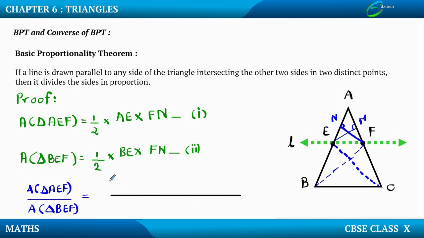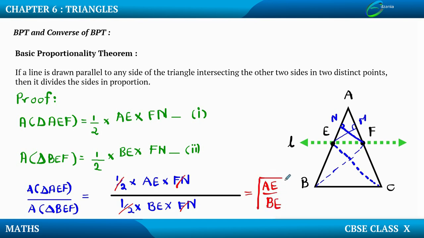So in the numerator I have half into AE into Fn, and in the denominator half into BE into Fn. So what is going to get cancelled? Half and half will get cancelled. Fn and Fn will get cancelled. Ultimately, you are going to get the result as AE upon BE.